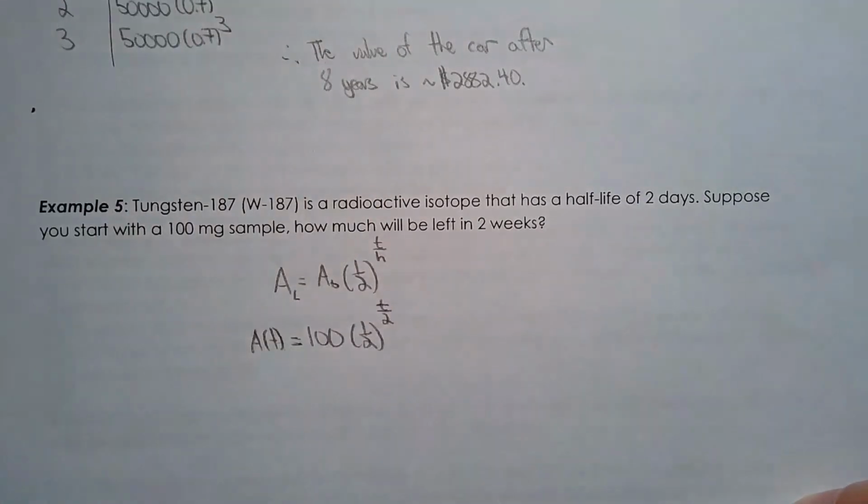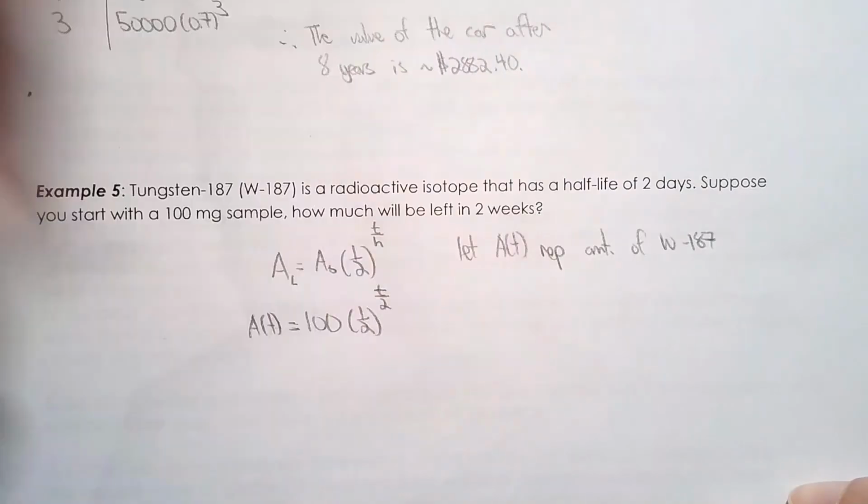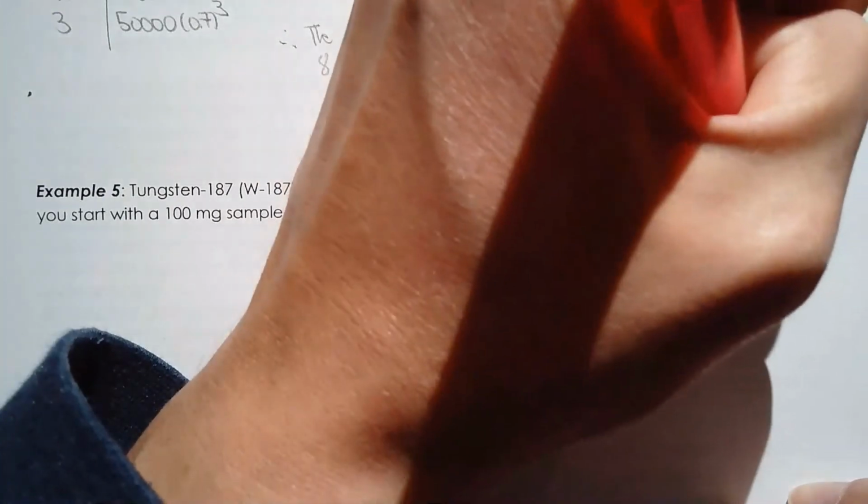Let A of t represent the amount of tungsten 187, and that's in milligrams. Let t represent time in days. All right, so 2 weeks, that's 14 days.